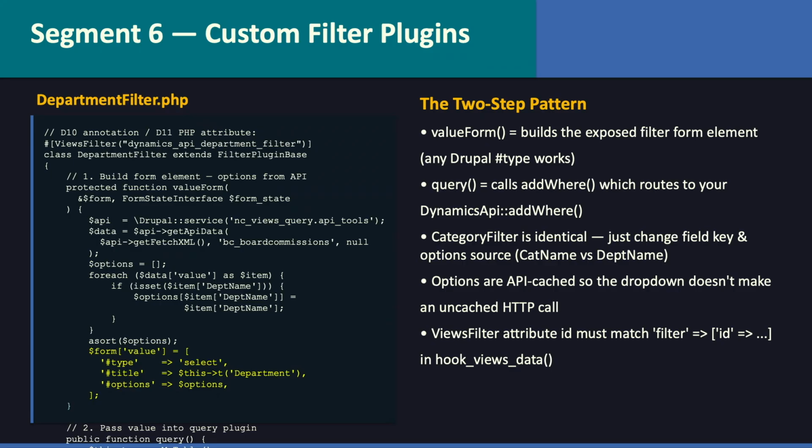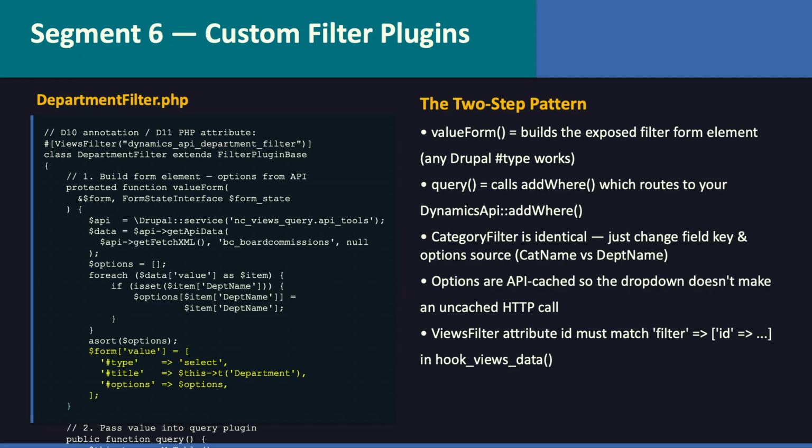I needed to get a list of departments from Dynamics, so that list could change. So I had to hit a different API and say, give me the list of departments. And there was another for categories of boards and commissions, so I had to do another call to get those category lists. And then I needed to create a custom filter plugin so that I could have those lists available for drop-downs in the Views UI. So that's basically what was happening here.